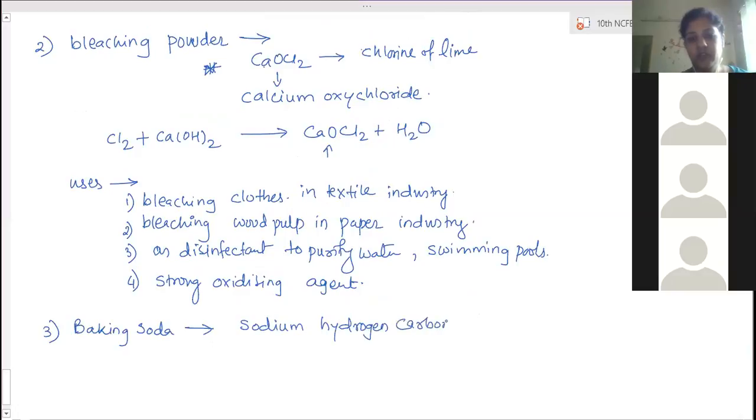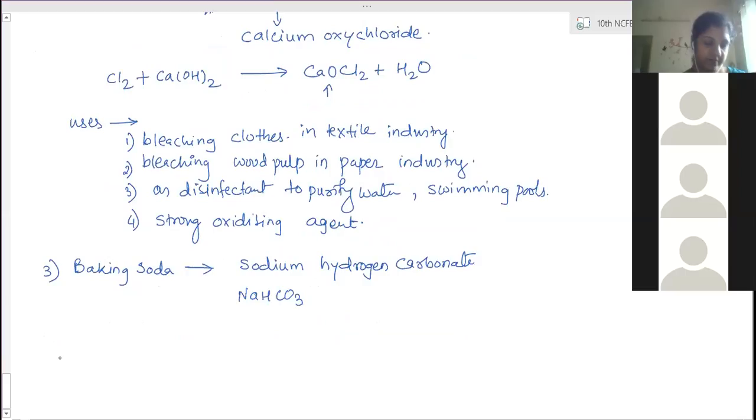Formula NaHCO3. Preparation: NaCl plus water plus ammonia, NH3, plus CO2 gives NaHCO3 plus NH4Cl.